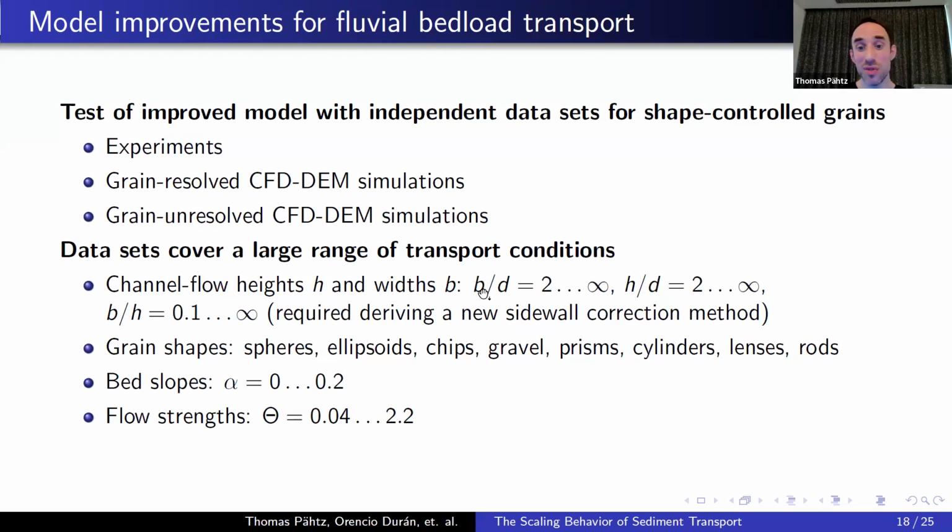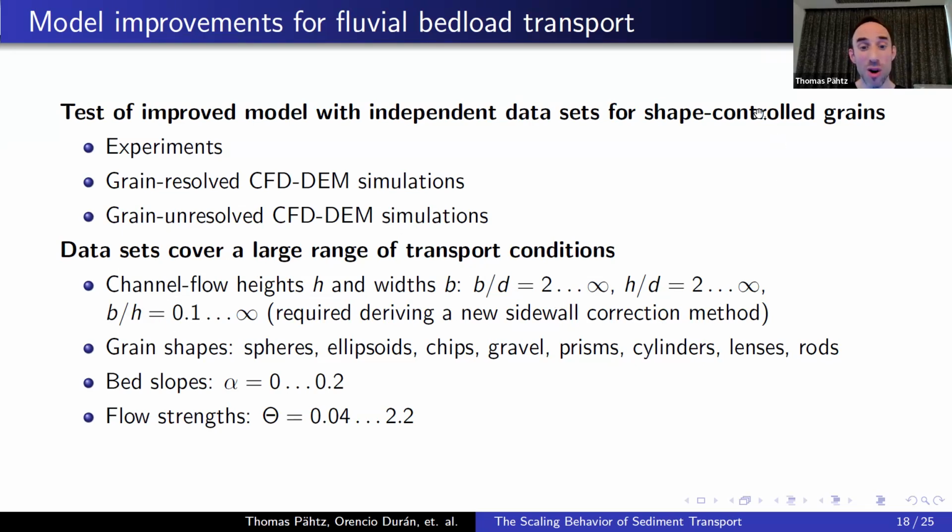The width varies from just 2 diameters, imagine a channel which is just 2 diameters wide, to basically infinity, and a height from just 2 diameters to basically infinity. And some of the experiments had a width to height ratio of just 0.1.